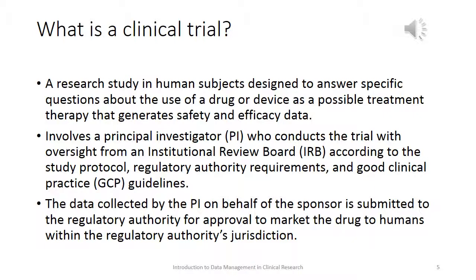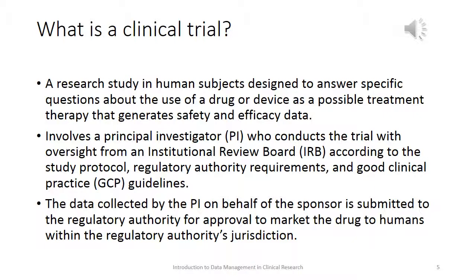The ones that you're going to be most familiar with, that we're going to talk about some in our course here, are from ICH, the International Conference on Harmonization, and their good clinical practice guidelines, which are contained in E6 of their guidance. And we'll go over a few of those as we go along through the course.